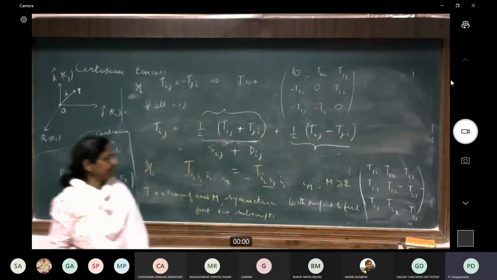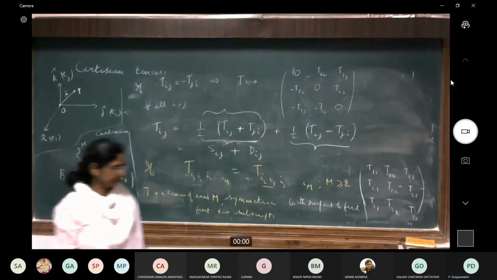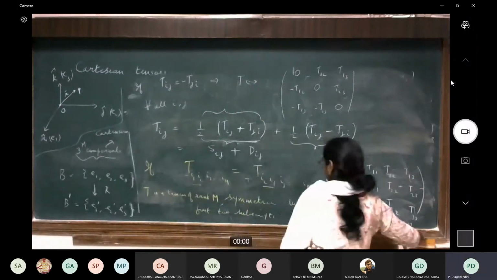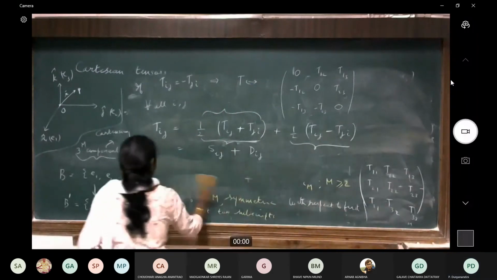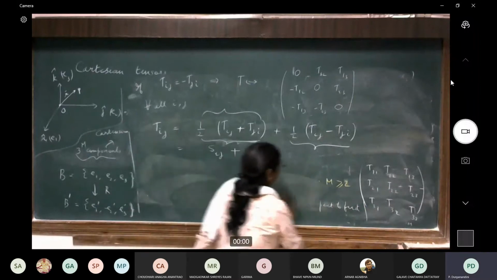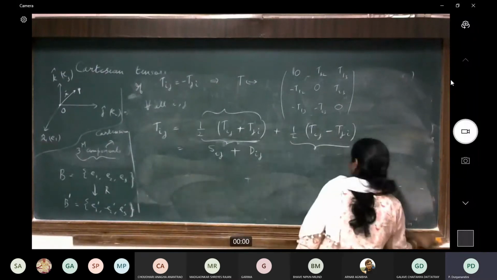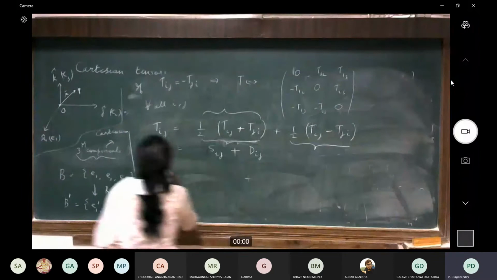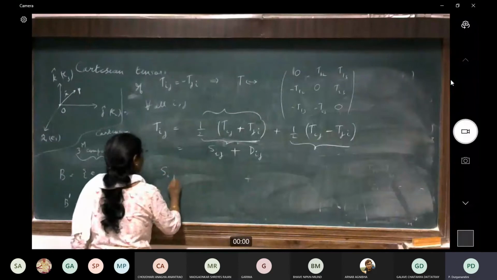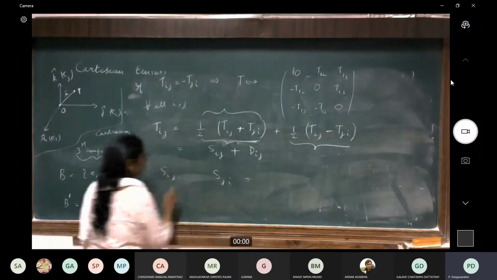Now, what kind of a tensor is Sij? Suppose I have defined Sij like this. So Sij and Sji, is there any particular relation?